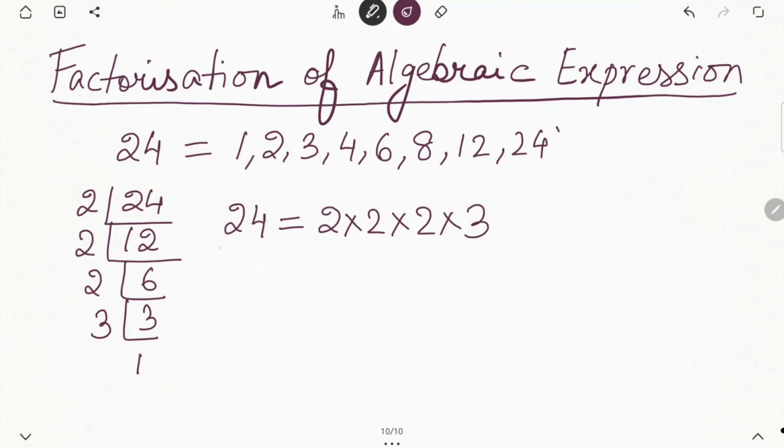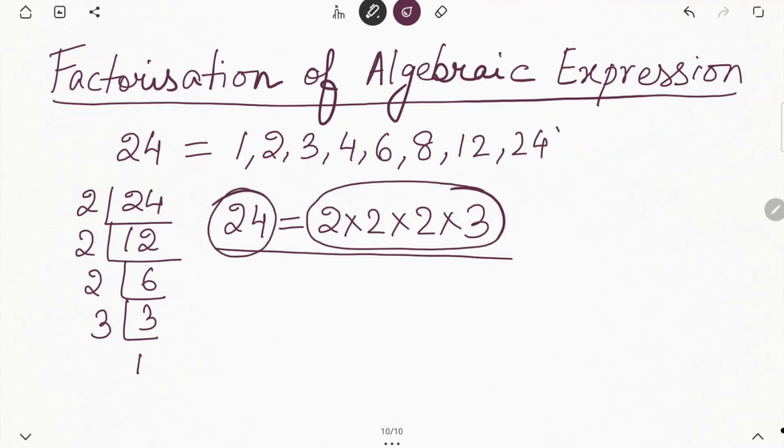So when we multiply all the factors, we get the original number. To check whether your factorization is correct, if you multiply all the factors and you get the number itself, then we can say that yes, our factorization is correct.